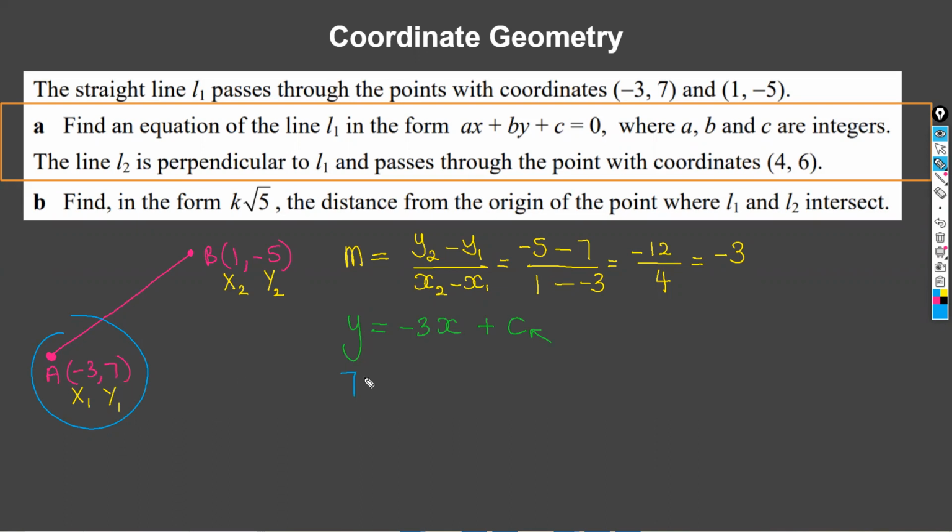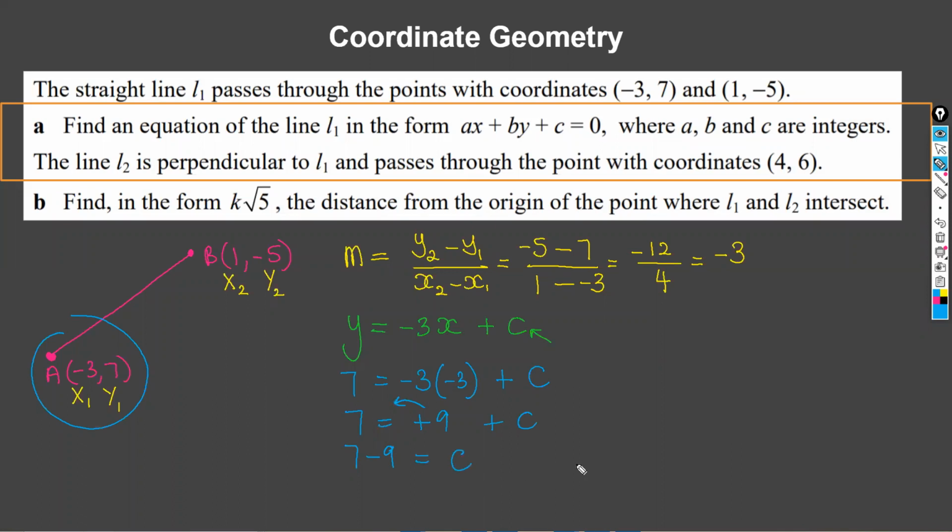We're pretending y is 7. And now we have to pretend the x is -3. So we have 7 is equal to -3 multiplied by -3, which is +9, plus C. So when you throw across the +9, you will get -9.